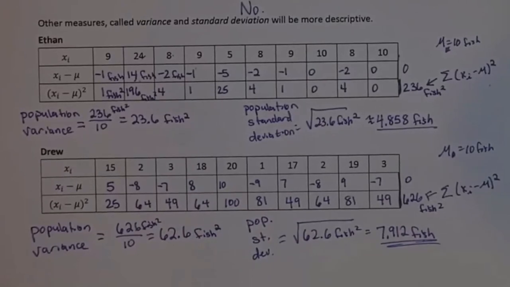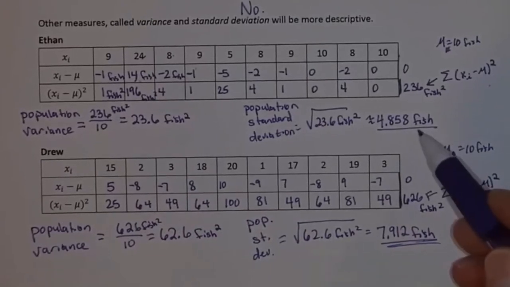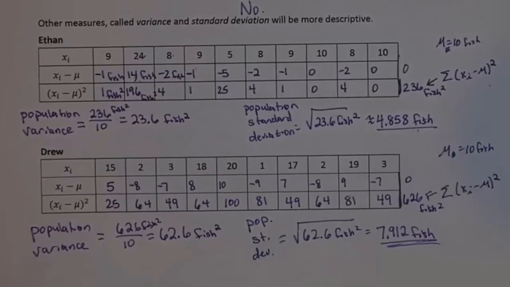Now I do need to point out, I said the larger the standard deviation, the more spread out the data are, the smaller, the less spread out they are. You do have to also take into consideration the size of the data.